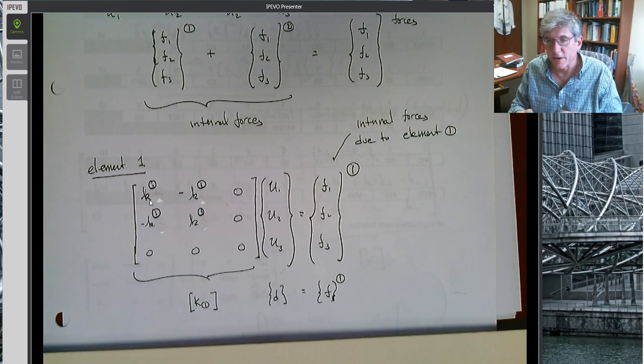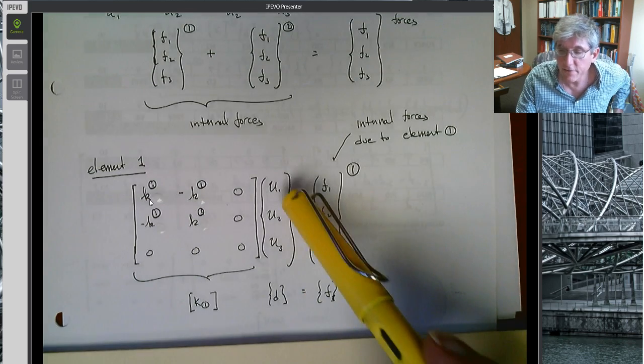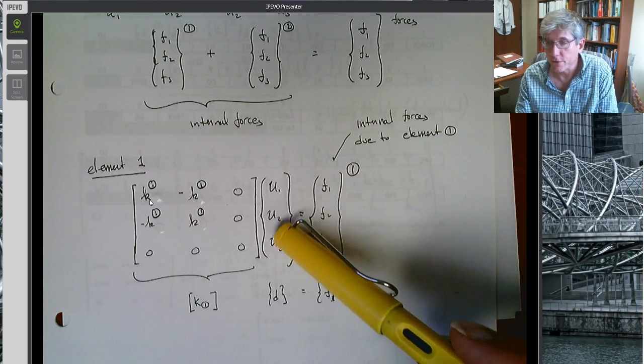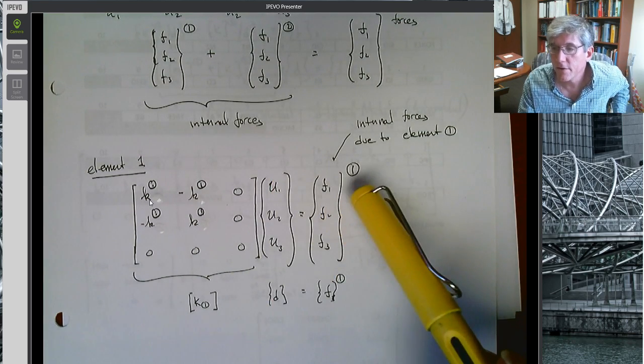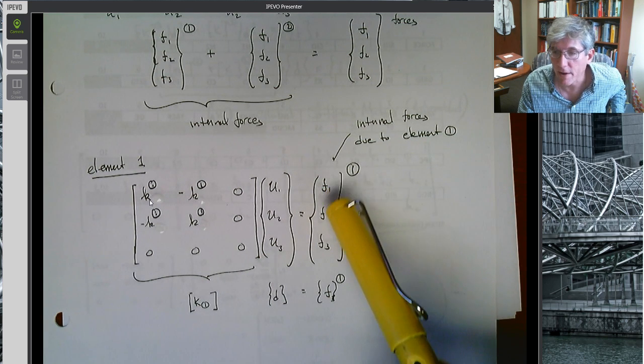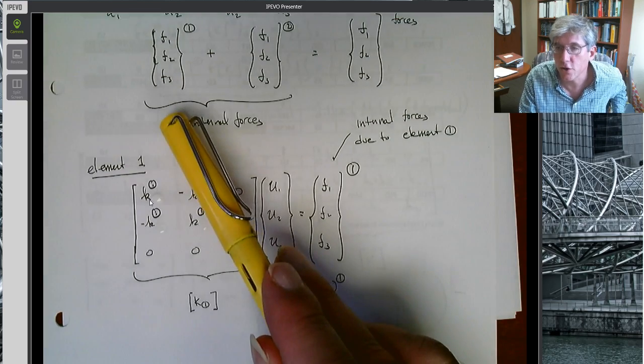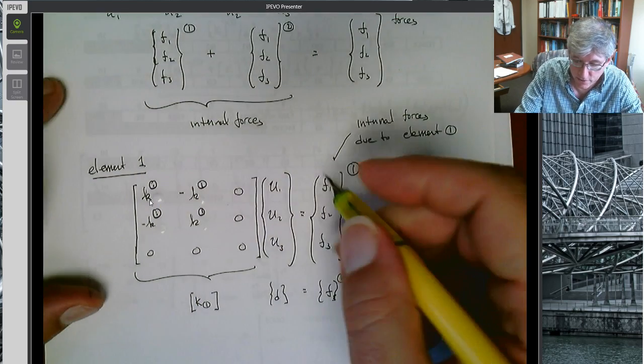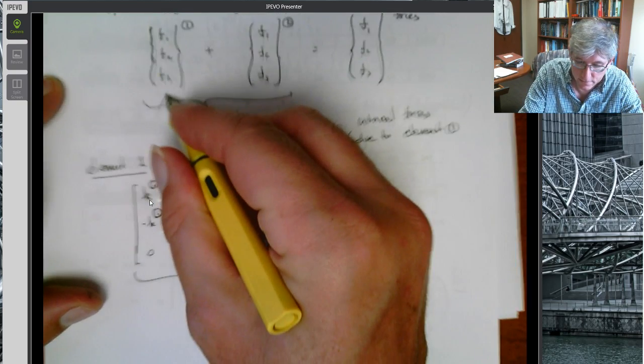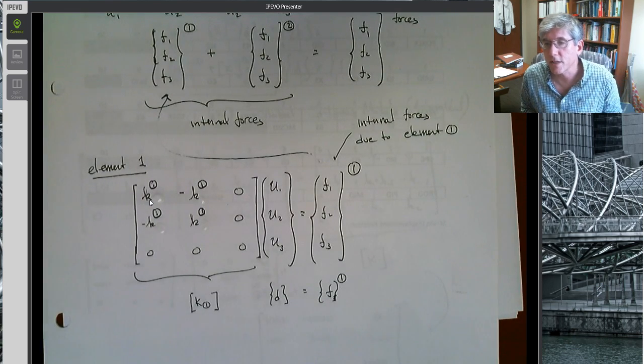So what we're saying here is, given the nodal displacements U1, U2, and U3, they give us the forces generated by the first spring. These are the ones that show up here. These are the forces that come about because we've stretched the first spring.